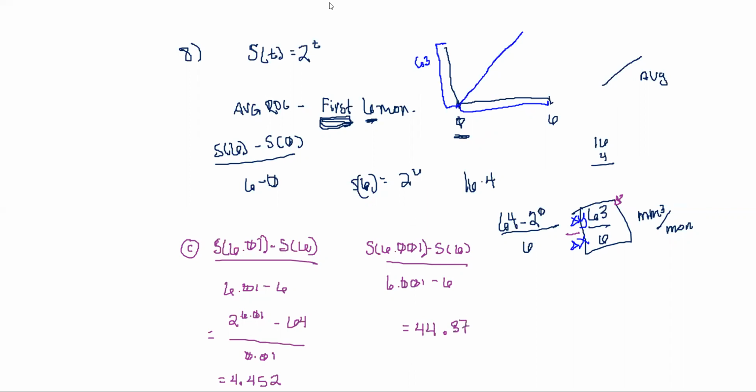Okay. So we have 44.52, 44.37. We could keep getting smaller and smaller and add more and more decimal points.